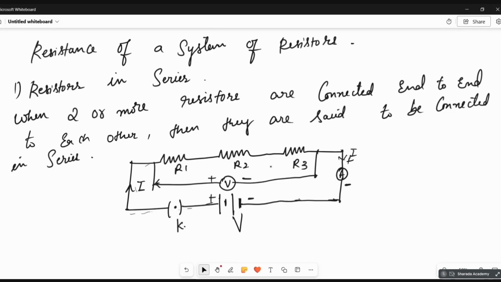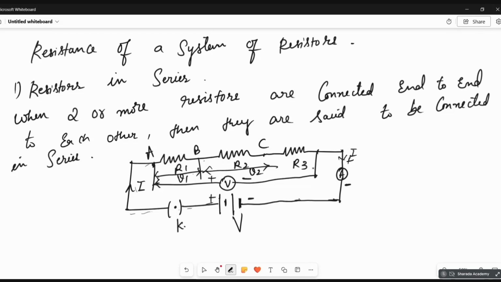Okay. Now what about the voltage across R1? If I take R1's ends as A and B, there is some voltage here. If you measure, we will call this V1. Okay. So R2 is between the other two points here. So here there will be some voltage, which we can call V2.